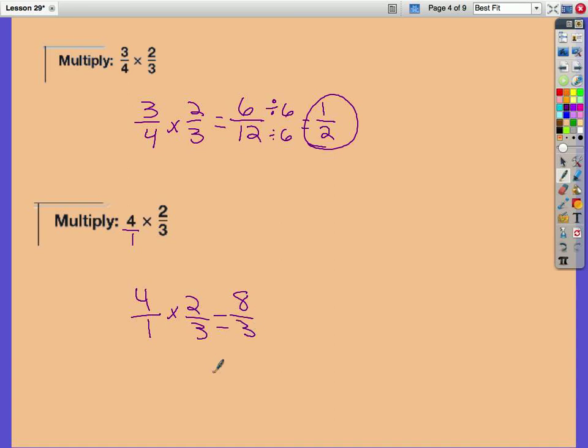Now remember that we can just do division to figure out our mixed number. 8 divided by 3. Well, 3 goes in there 2 times. I have 2 left over, so it's going to be 2 and 2/3. I know that's reduced. There's no common factors in there. My answer is 2 and 2/3.